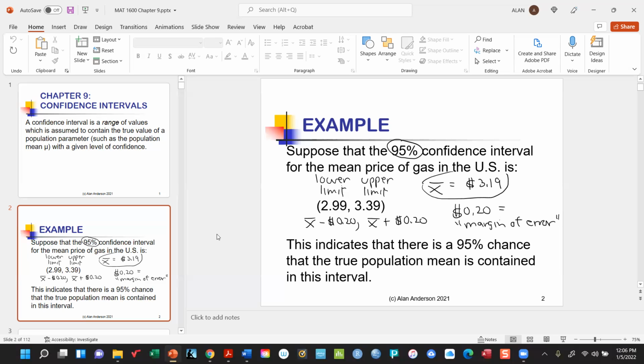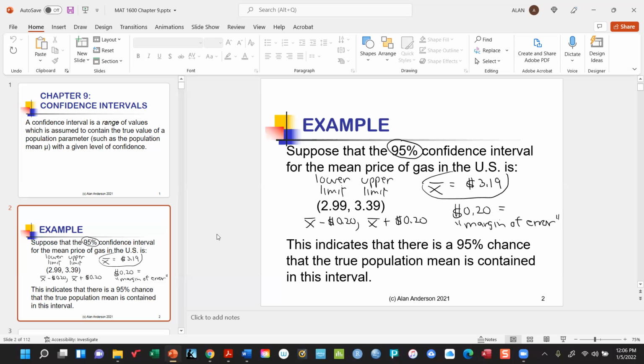It's possible that it's off by up to 20 cents in either direction. And of course, there's still a very small chance that the actual mean is even further away. It could still be less than 2.99 or higher than 3.39, but it's highly unlikely. We're quite confident that the true value is somewhere between 2.99 and 3.39.